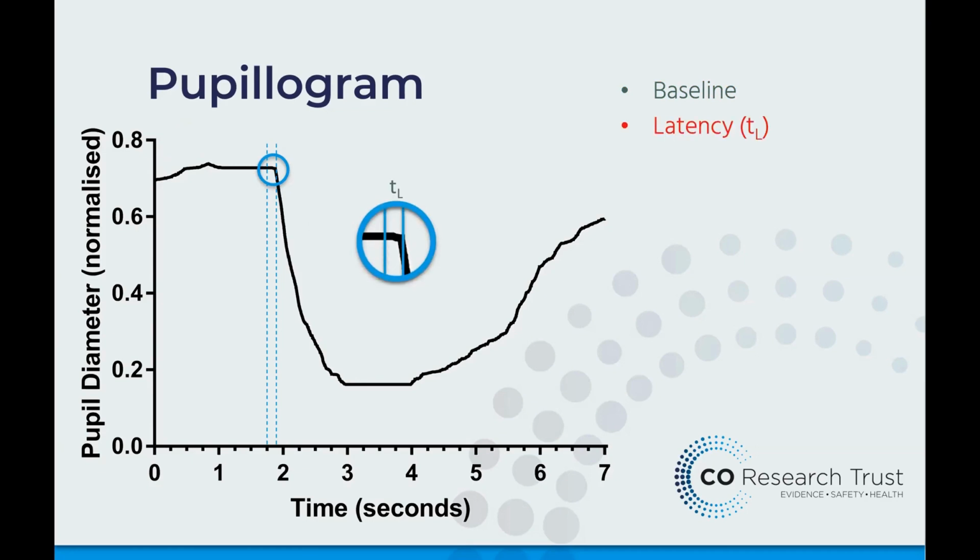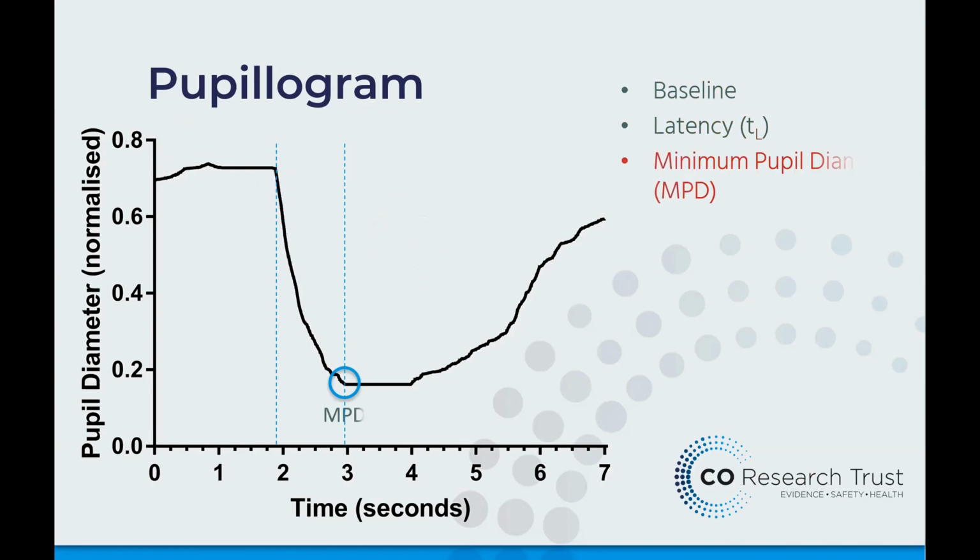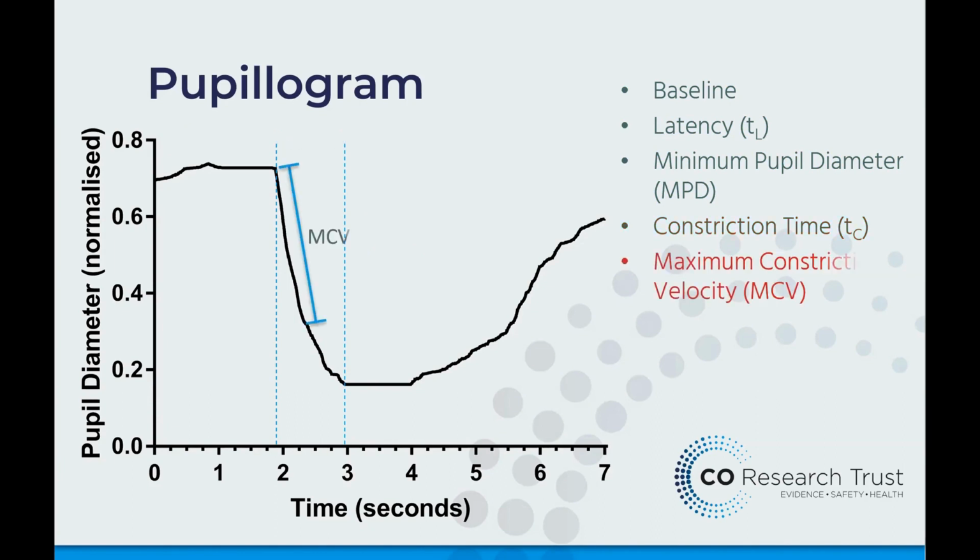The pupil will then constrict until it reaches the minimum pupil diameter. Another useful parameter to extract is the time to fully constrict, when you're looking from when the pupil first actually starts constricting to when it reaches the minimum pupil diameter. If you notice as well, when the pupil does begin to constrict, it does so quite rapidly before slowing down to reach the minimum pupil diameter.